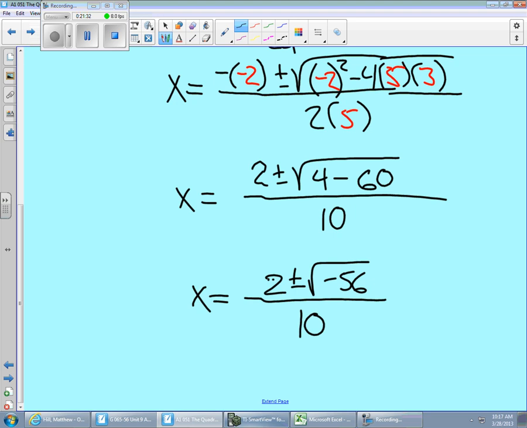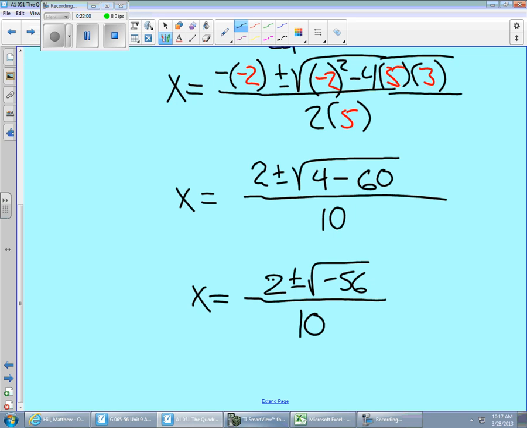Okay, the problem is when we take a square root of a number, what are we actually looking for? Something times itself that equals that number, right? If it said square root of 25, we're looking for a number times itself that equals 25, which would be 5. Easy enough. The problem is if you take a number and multiply it times itself, you always end up with a positive, right?